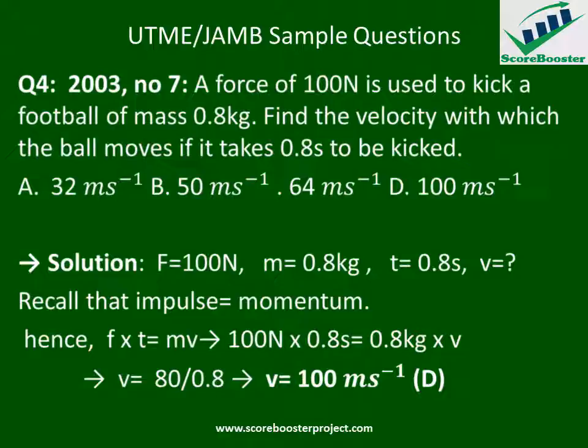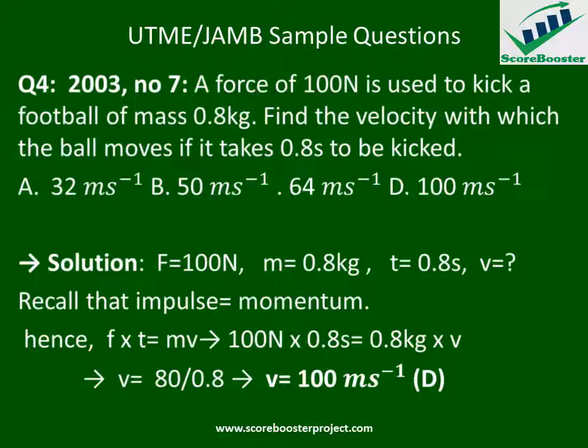Find the velocity with which the ball moves if it takes 0.8 seconds to be kicked. You are given option A to be 32 meter per second, option B to be 50 meter per second, option C to be 64 meter per second, while option D is 100 meter per second.